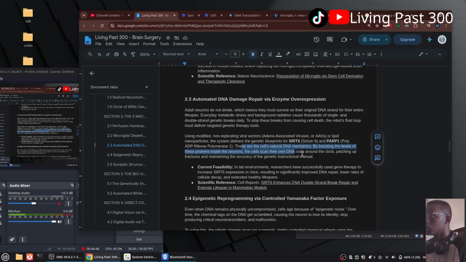So basically, if you increase it, it makes sense that it makes the process of fixing the DNA a lot faster.